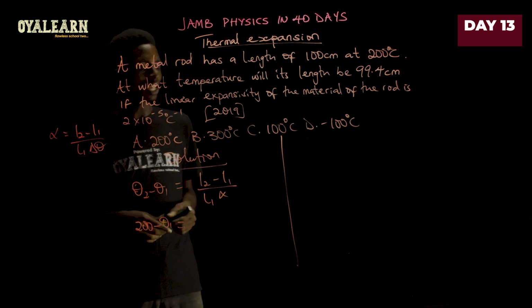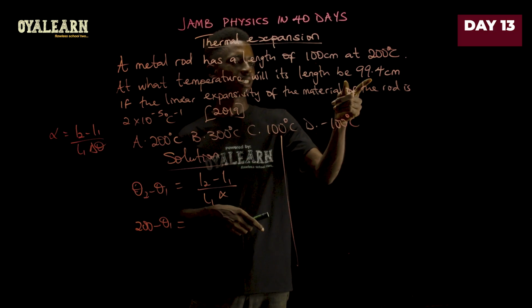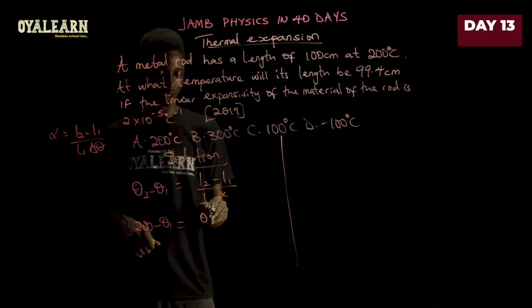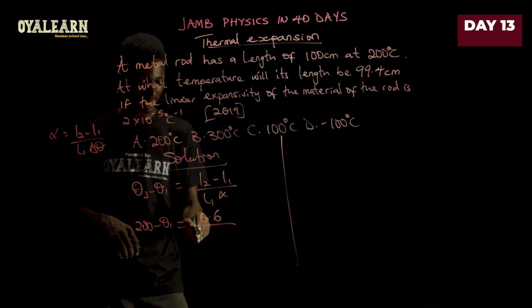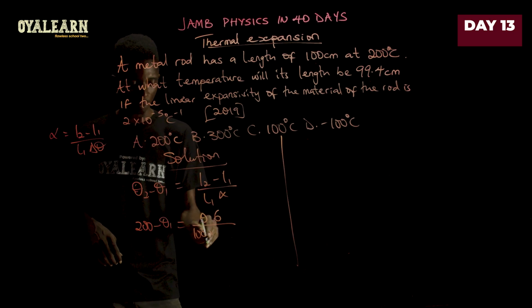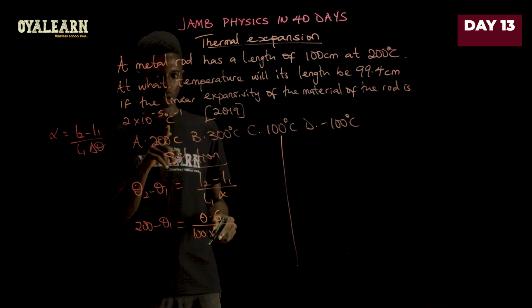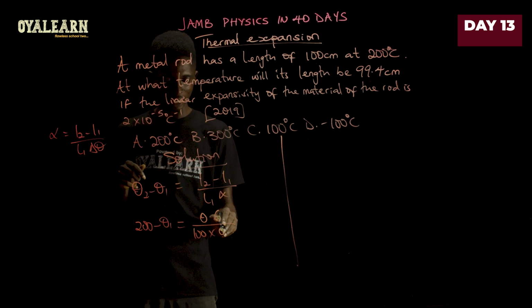So yeah, the change in length is from 100 centimeters to 99.4, and that difference is going to give us 0.6. Now divided by the original length of 100, then we multiply this by what we have as alpha from the question, 2 times 10 to the power negative 5, that will be 0.00002.